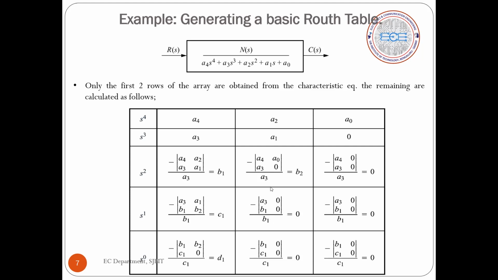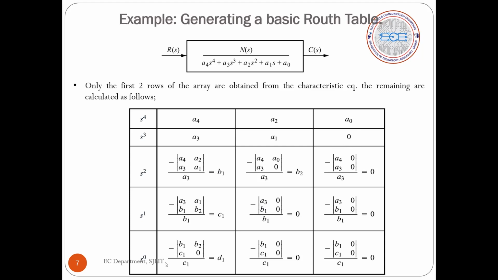To compute c2, I take this column and the last column. In the last column we have 0, 0, and in the first column we have a3 and b1. Computing the determinant, you find 0. So we have entry 0 here, and here also obviously 0.